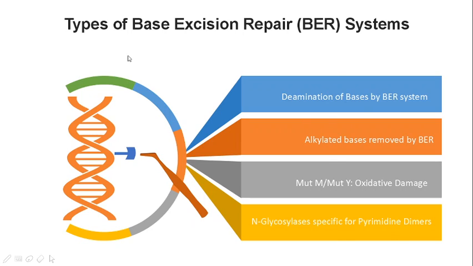These are the various base excision repair systems involved in rectifying the damage created in the DNA. All the mismatched base pairs will be corrected by one of these repair systems.